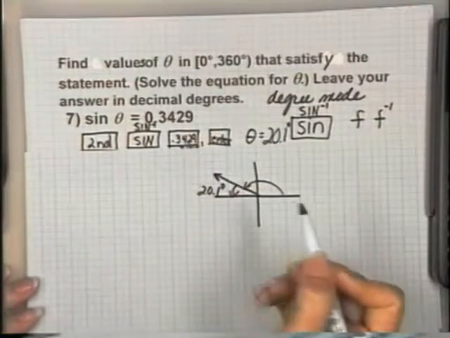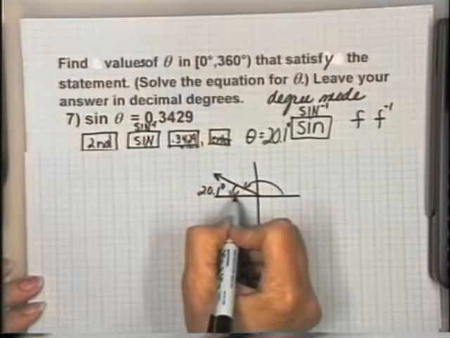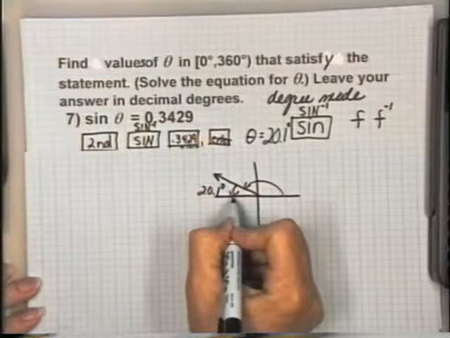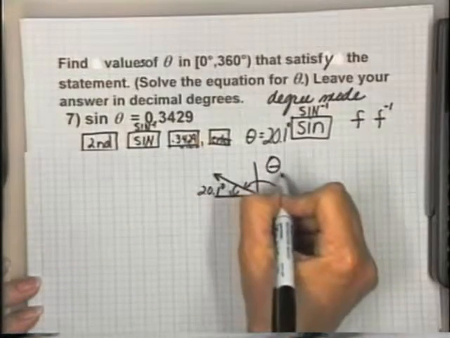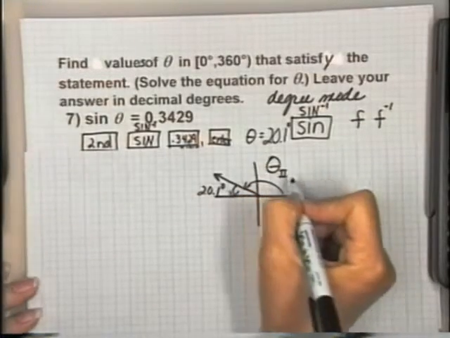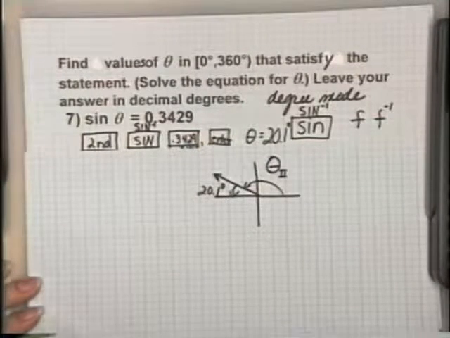All right, what we know is that all the way to here is 180, that the reference angle takes 20.1 degrees. So how will we find the second quadrant angle? And I'm going to use a little subscript, Roman numeral 2, to denote that this is the second quadrant angle.